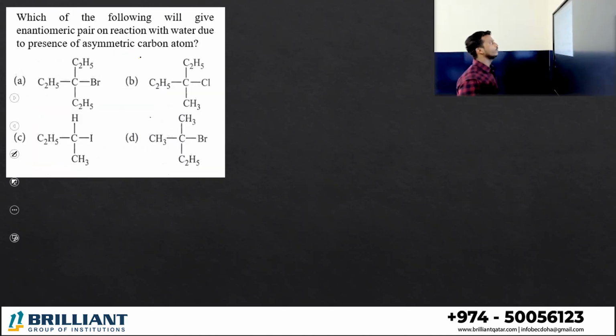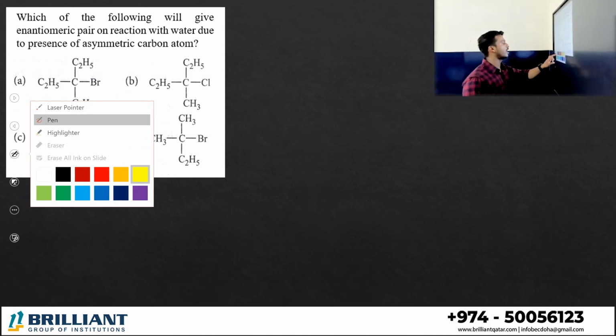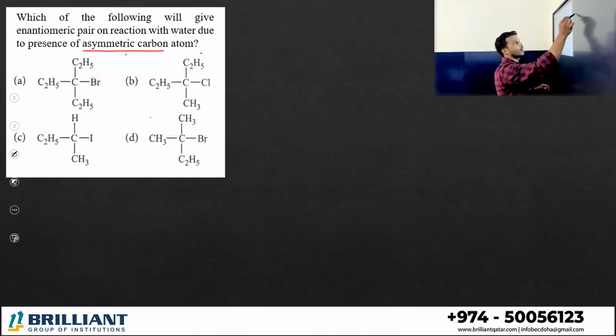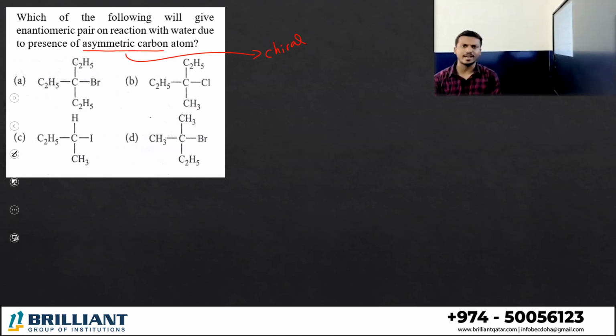Which of the following will give an enantiomer pair on reaction with water due to the presence of an asymmetric carbon? What is meant by asymmetric carbon? A chiral carbon. Just 1 minute, all of you look into the options and identify where the chiral carbon is.